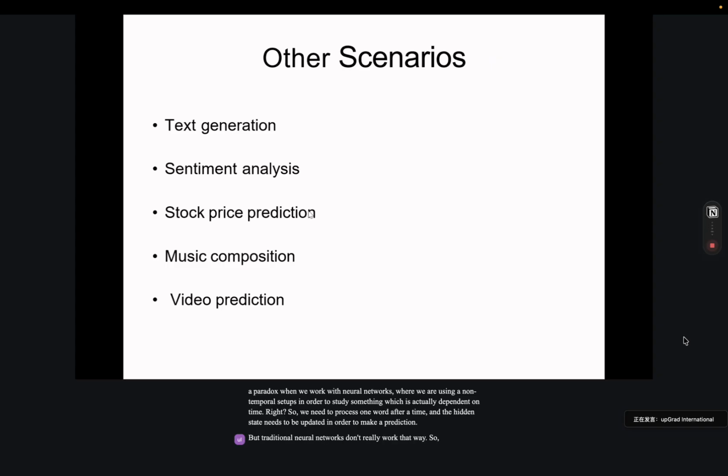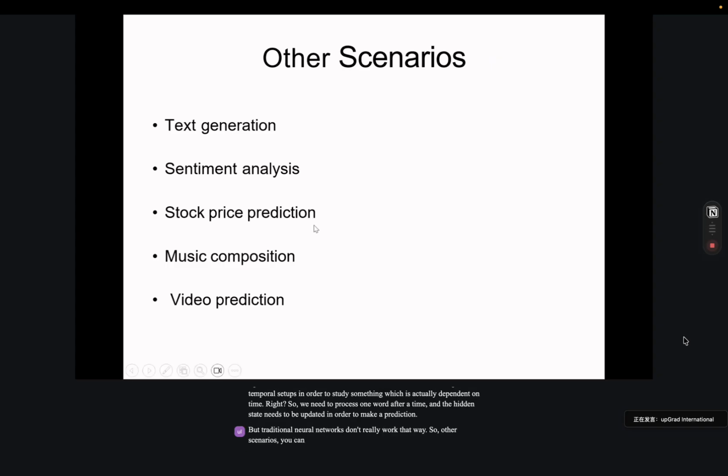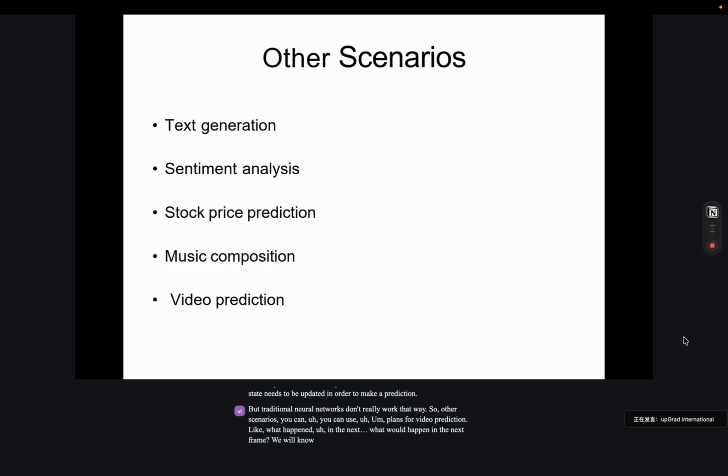So in other scenarios, you can use GANs for video prediction, like what would happen in the next frame. We will know that only if we have information about what happened like 2 minutes before, right? So for video prediction, RNNs are very useful.